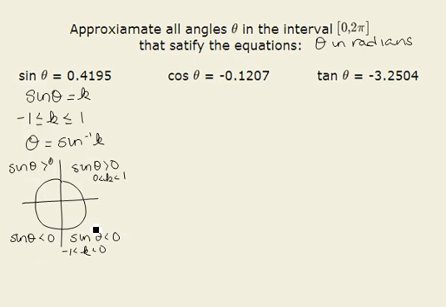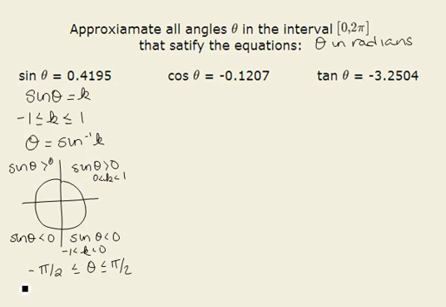Therefore, our values of theta produced by our calculator are going to be between -pi/2 and pi/2. We will have to do a little bit more work in order to find the two angles that produce a positive value lying in quadrant 1 and quadrant 2.